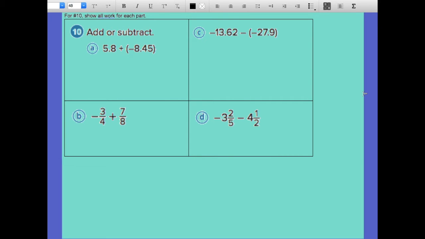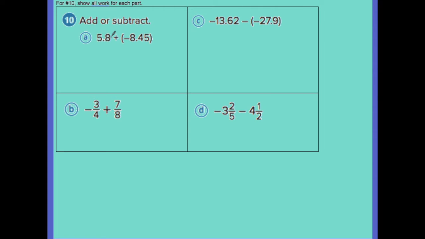Last one's adding and subtracting. So we got decimals here, and we got fractions. So we need to remember how to do these. First off, I got a positive 5.8 and negative 8.45. So our strategy with that is I'm going to subtract them. Think about them as both being positive. Remember to line up the decimal.